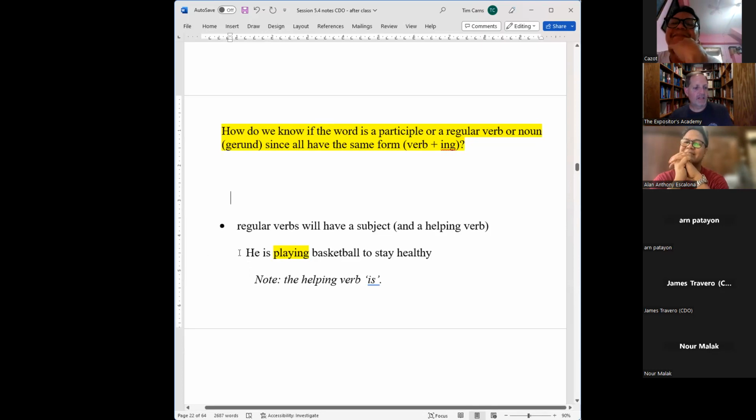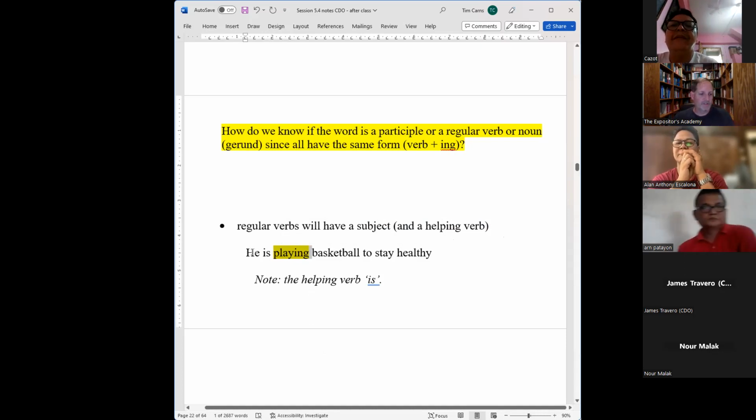here we have a sentence: He is playing basketball to stay healthy. Now here, playing looks like it could be a participle, but in this case, it is a regular verb. How do we know that? Well, here are the clues. There are two clues here, and we saw this earlier in the passage in Ephesians.